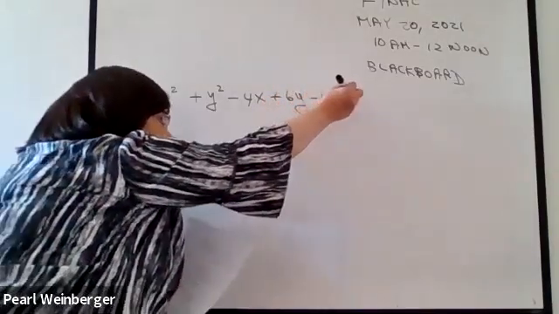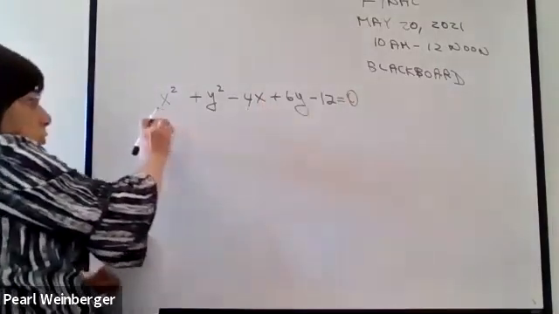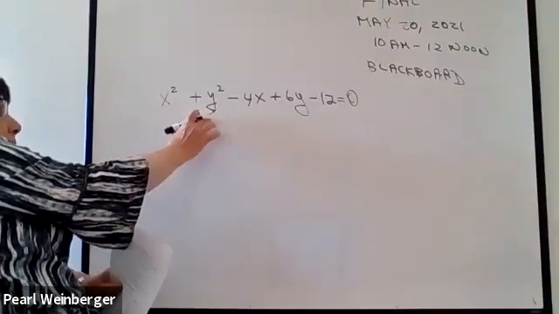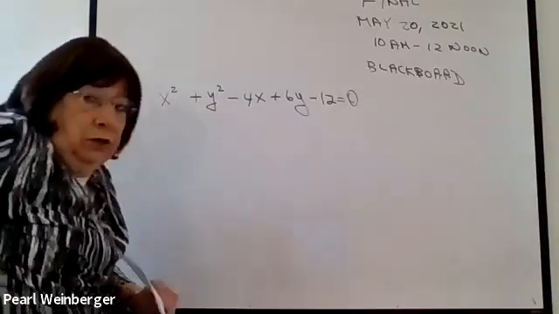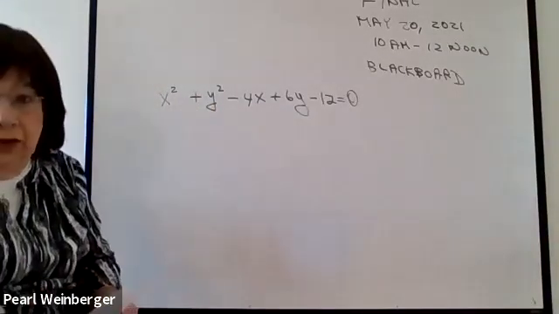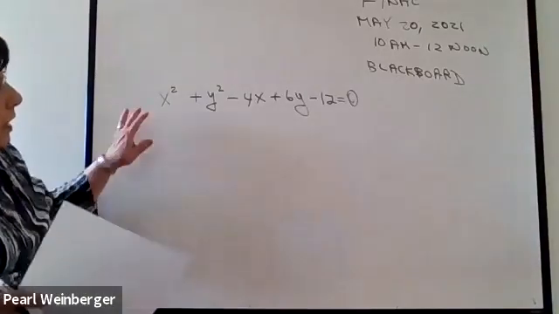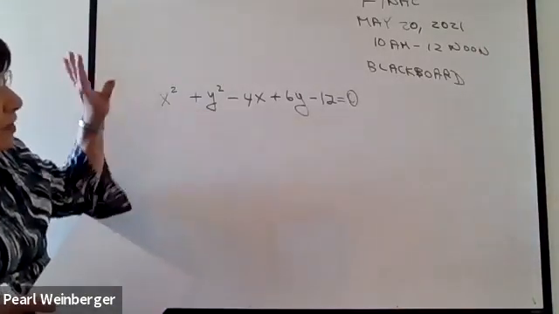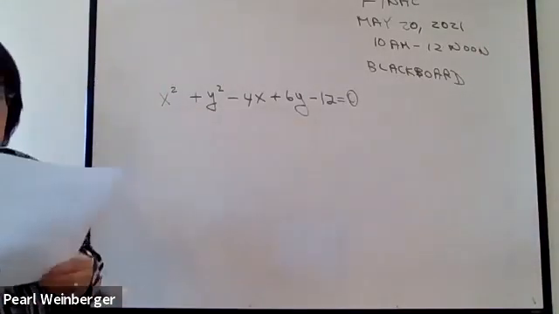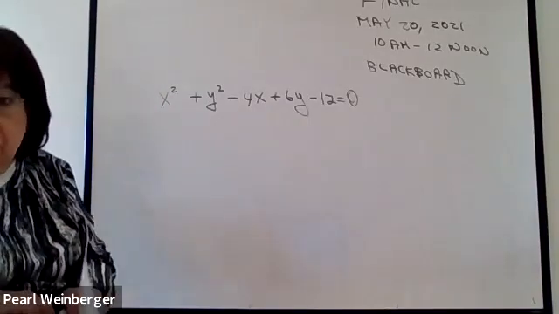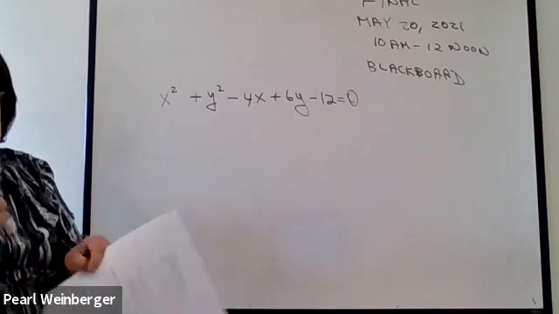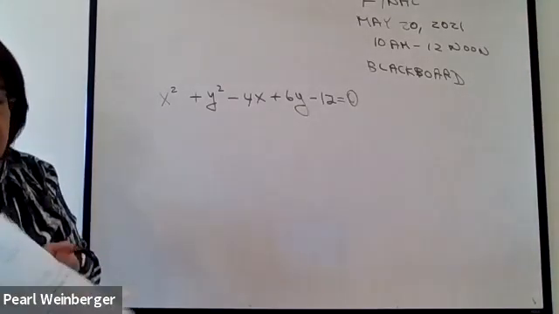And this happens to be the equation of a circle because we have an x squared plus a y squared. There's no numbers in front of the x squared and the y squared. In other words, the x squared and the y squared have coefficients of 1 and they're both positive. That makes it a circle. The question is, find the radius and the center of the circle. See if you can find the radius and center of the circle.